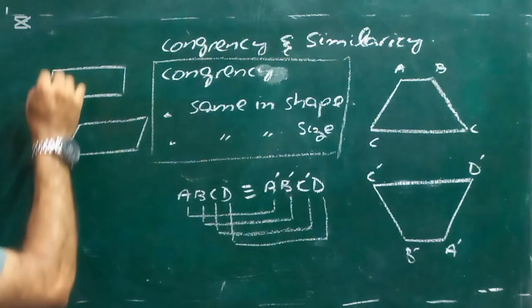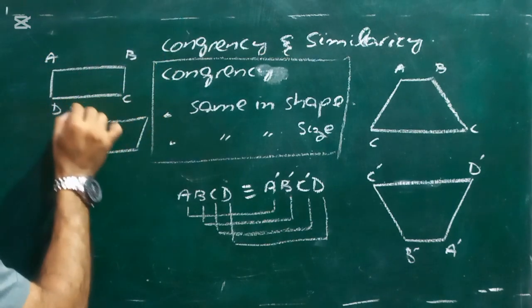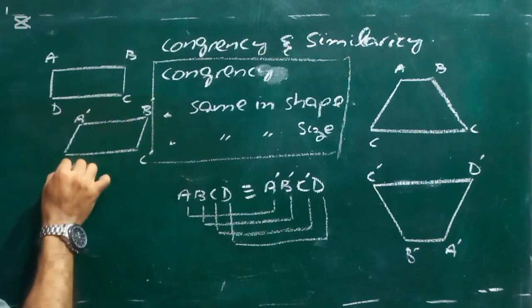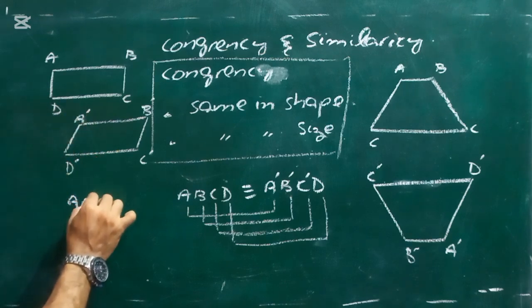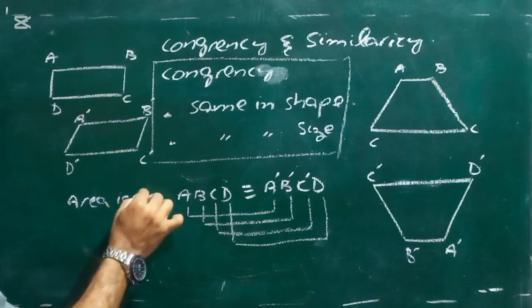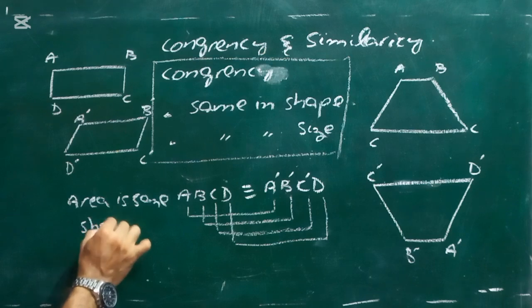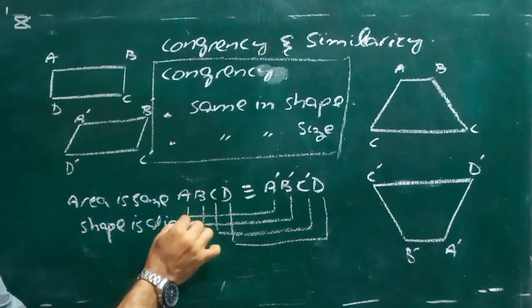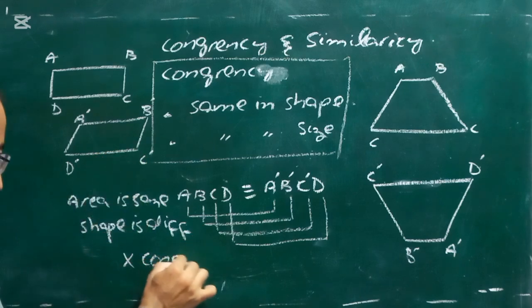For example, these two figures are of same area. But shape is not same. Area is same, but shape is different. So these figures are not congruent.